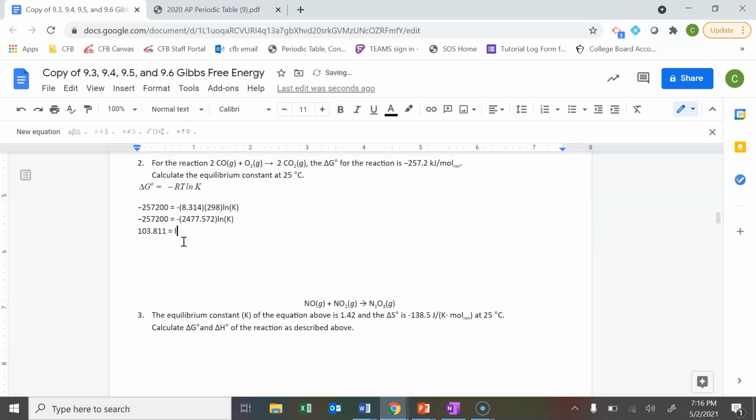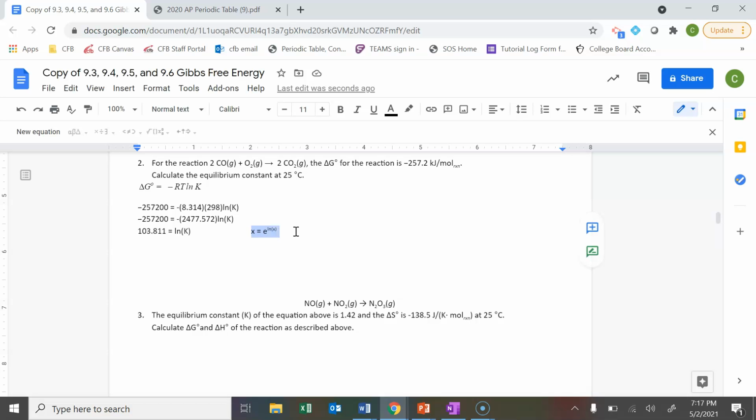equals ln of K. Now, to do the inverse of ln so that I can end up with just K, I'm going to have to remember something. The inverse of ln is e to the power of. So in other words, x equals e to the power of ln of x. It's a property that you need to know about logarithms.